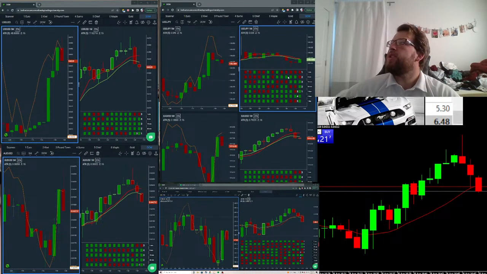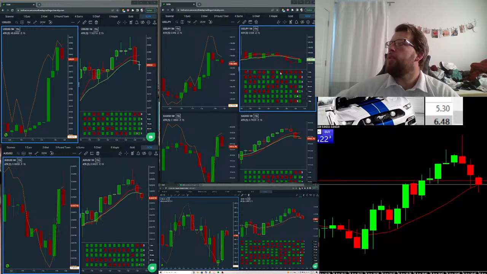Okay, possible trade coming up on the yen if we get this to cross up, this to go up a little bit more.